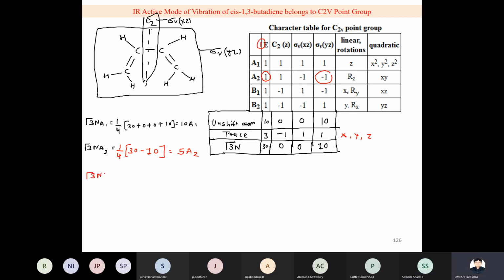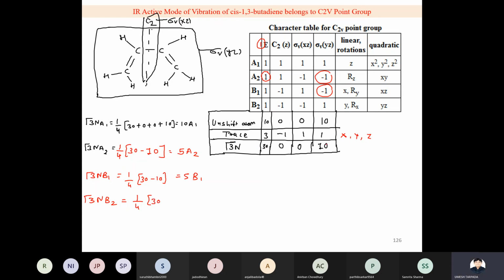Now in a similar way you can go for B1 and B2, so it is 1 upon 4. In the case of B1, 30 into 1, that is 30. Then 10 into minus 1 into 1, that is minus 10. So again 20 by 4, that is 5B1. And in the case of B2, the number of times B2 is 1 upon 4, 30 into 1, that is 30.